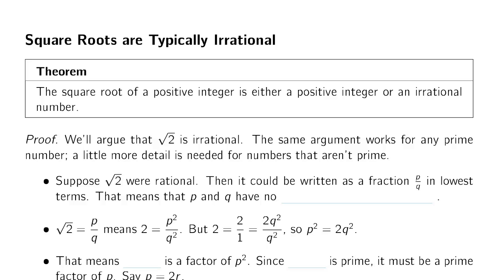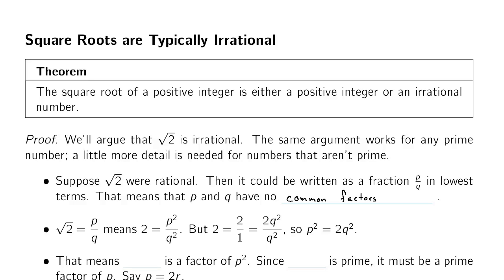So when we write a fraction in lowest terms, that means its numerator and denominator have no common factors. So what we're doing here is assuming that the square root of 2 is rational, and we're going with the implications of that assumption. The first implication is we can write it as a fraction in lowest terms, because that's what it means to be rational.